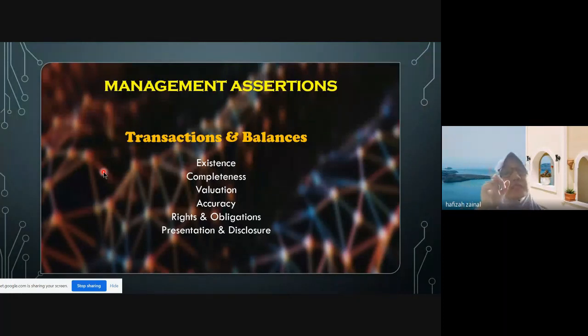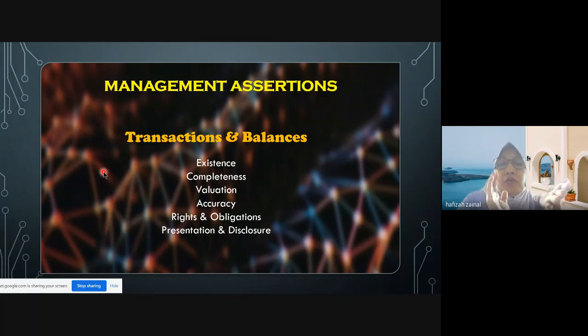First, what are management assertions? Management assertions are what is being claimed by management on items presented in the financial statements. It will cover transactions, which are your P&L items, and also balances, which are your financial position items. Can everyone follow? If you are not clear on this part, please do ask me on the spot.